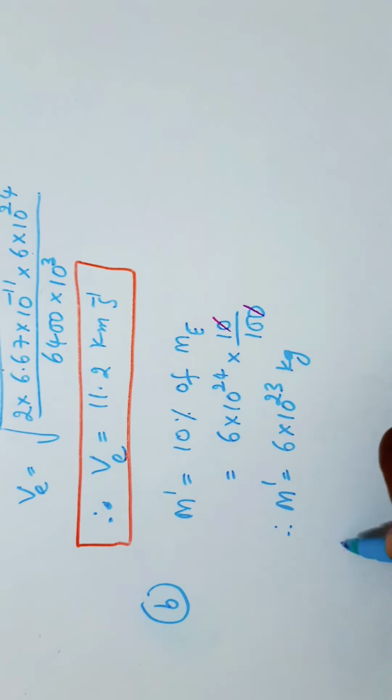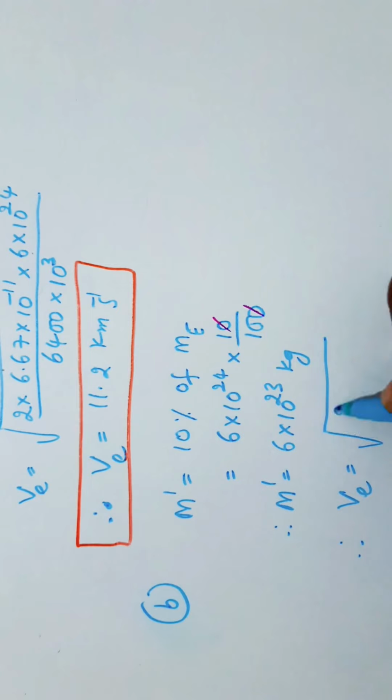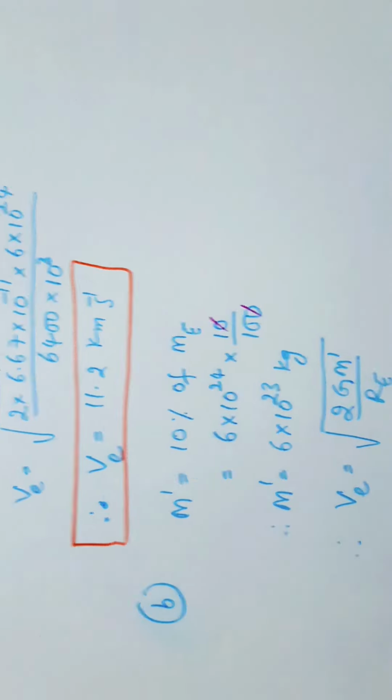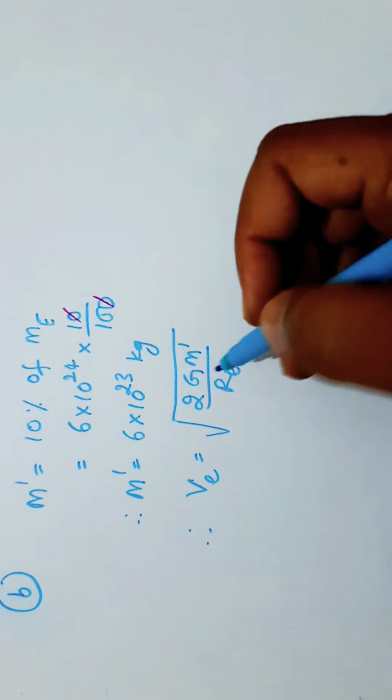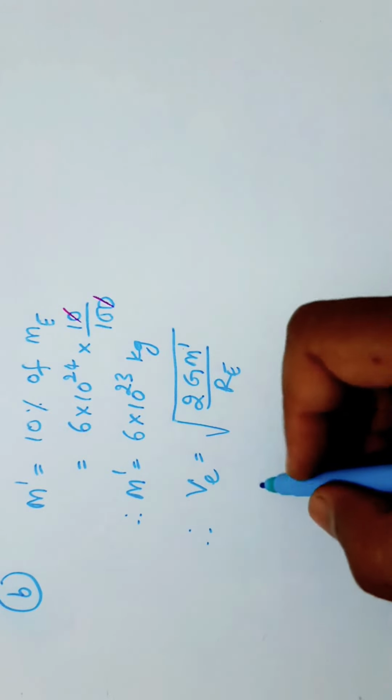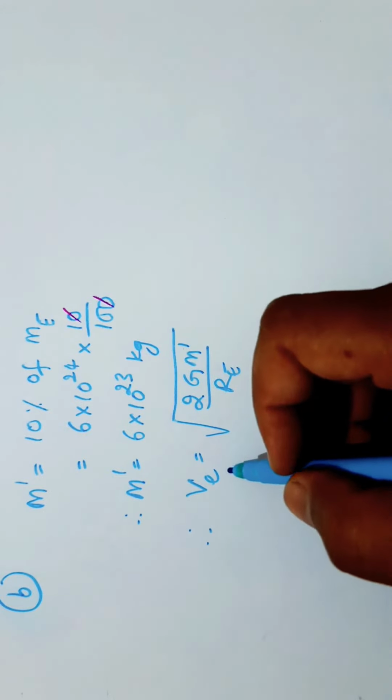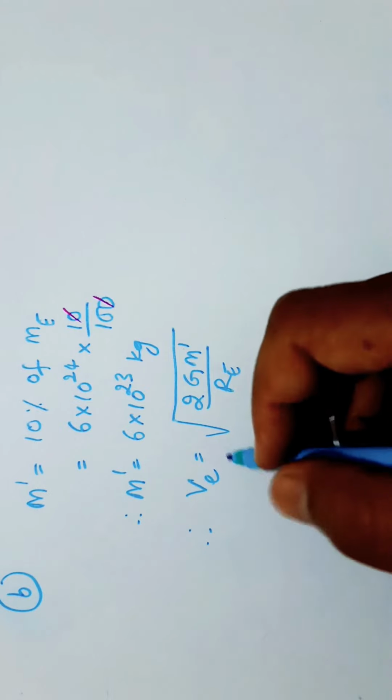So we know escape velocity V is equal to square root of 2G, here m is m dash, by Re. So if you substitute these values, we can get escape velocity when the earth is made of wood.